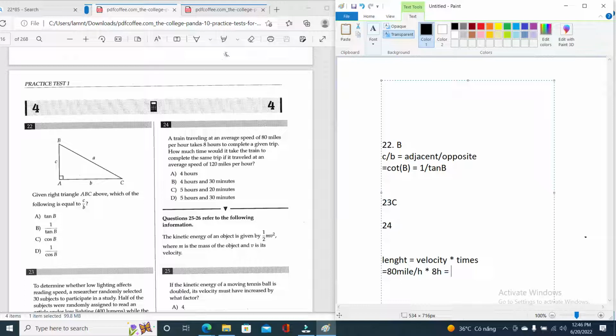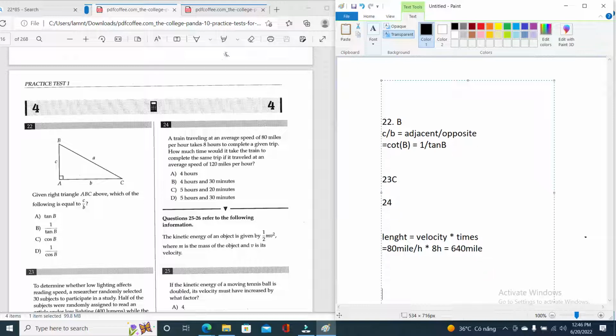So that's 640 miles. So now time 2 is just length over velocity 2.